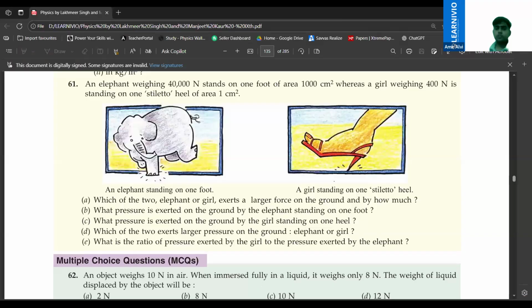Harshita, have you done the 61st question? Just let me know if you have. Yes, we have done this. Okay, just give me a second then.